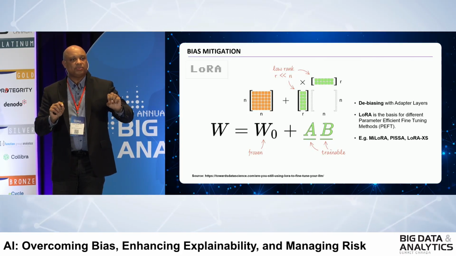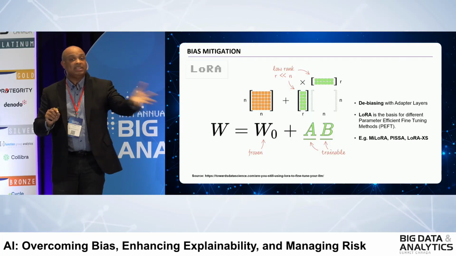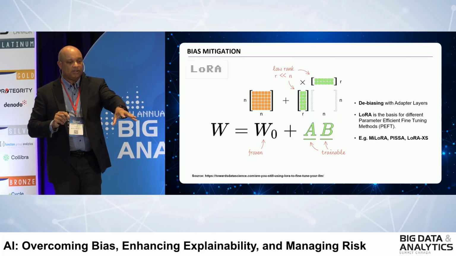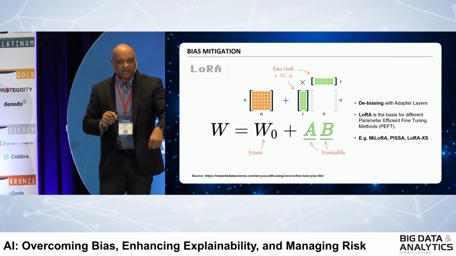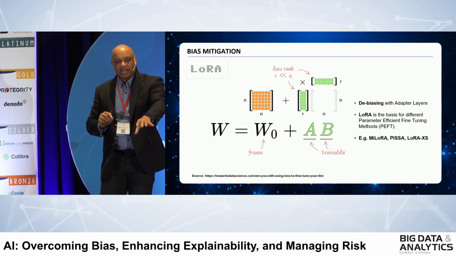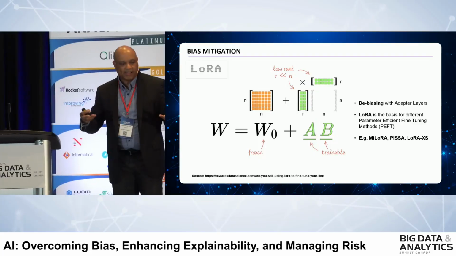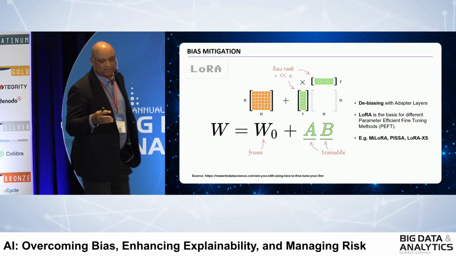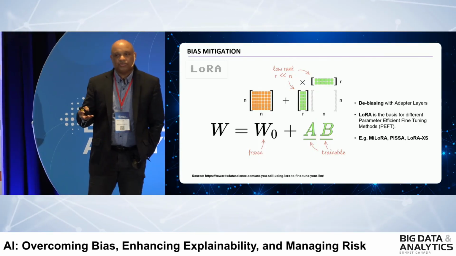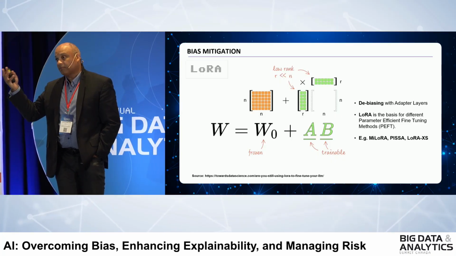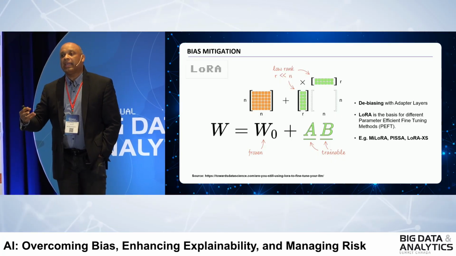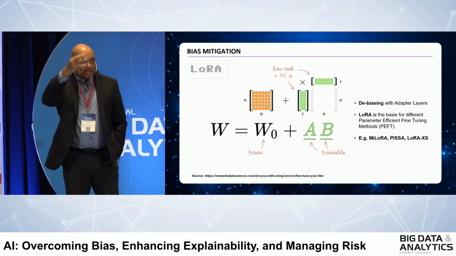And that prevents you from having to retrain the entire model. So this is called LoRA. And don't worry about the math, I just put that on there to impress you. But essentially what happens is you're debiasing the model, okay? It's a basis for different, what we call parameter efficient fine tuning, and it's called parameter efficient because it's an efficient way of programming these large language models.